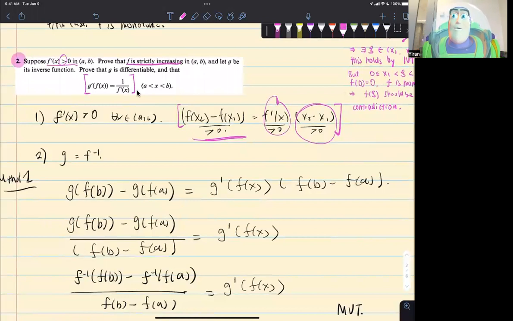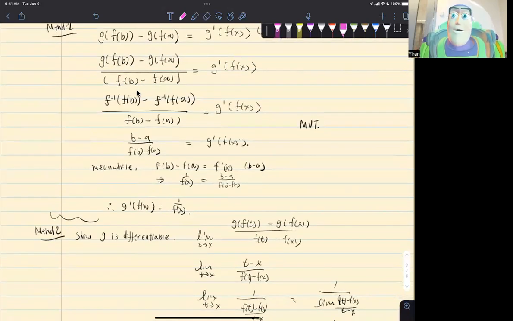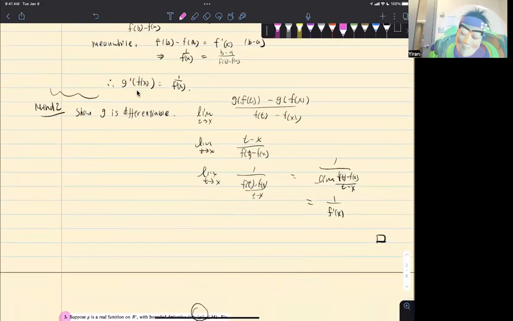The definition for g being differentiable is that the limit exists, right? So I wrote down here that the limit of (g(f(t)) minus g(f(x))) divided by (f(t) minus f(x)) exists if and only if g is differentiable.